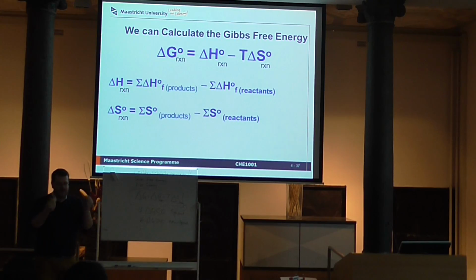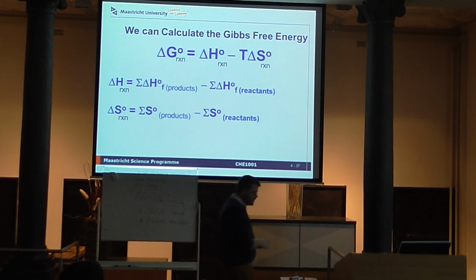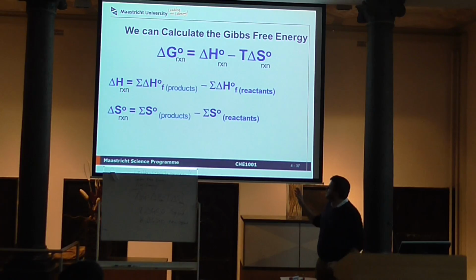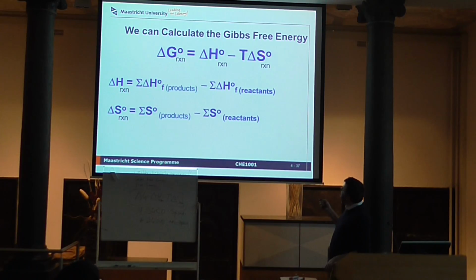So enthalpy of formation is forming compounds from elements in their standard state. Those elements in their standard state, i.e. standard temperature and pressure, have an enthalpy of formation of 0. Now, the same for entropy, by the way, we don't have entropy of formation, but you can calculate the entropy change of a reaction by calculating the entropy of the products minus the entropy of the reactants.